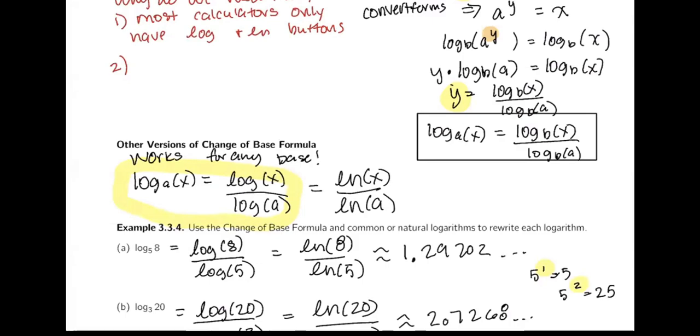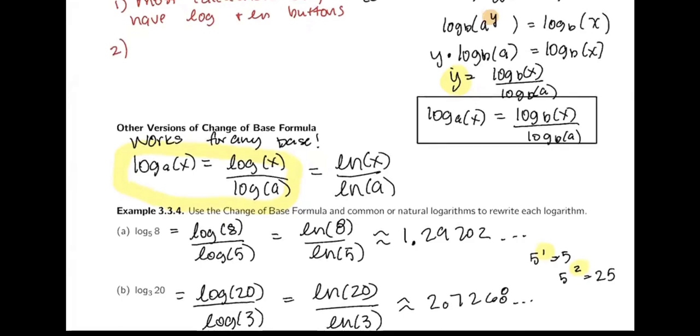I would think about this for a particular A. Maybe I'm thinking log base 5 of x, so maybe my A was equal to 5. And so log of A is log of 5. It's some sort of number. I could put that in my calculator and say, what is log of 5? In fact, let's see, I'm doing it on my computer here, log of 5. It's about 0.698, okay?